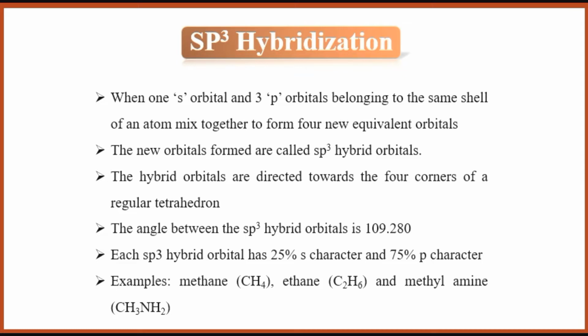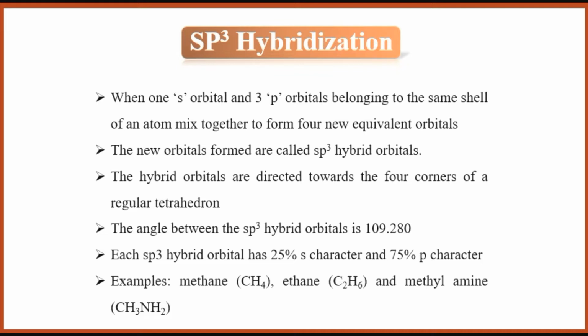And these hybrid orbitals are called sp3 hybrid orbitals because here one s orbital and three p orbitals are taking part. So the overall number of hybrid orbitals would become 4. And the number of p orbitals would be highlighted in the form of superscript of the p, that is sp3.